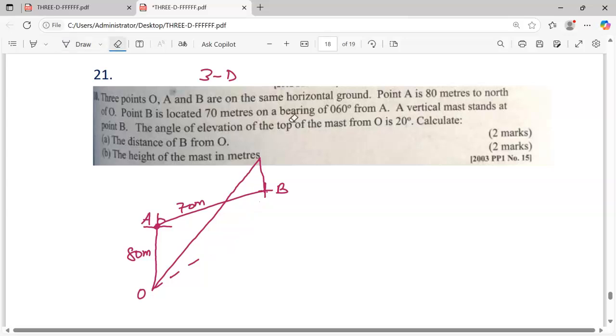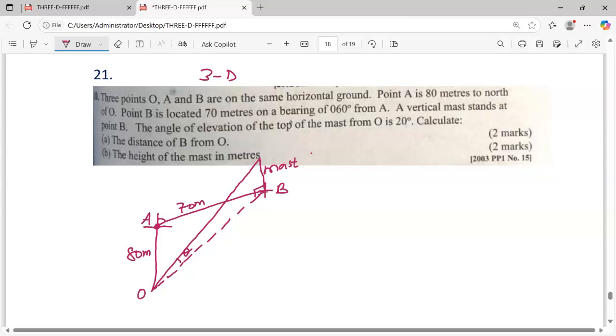So we join O to B, such that we have 90 degrees at point B. This is now the mast, and the angle we need is the angle theta here.